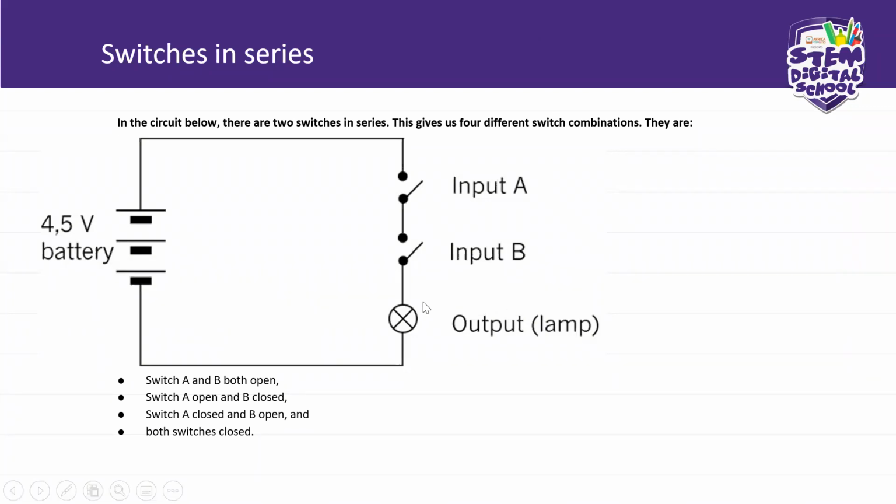For us to get an output, we need to close input A and input B. For the current to flow to the output, we need to close both these 2 switches. How do you know that? We saw it when we were doing our truth table.